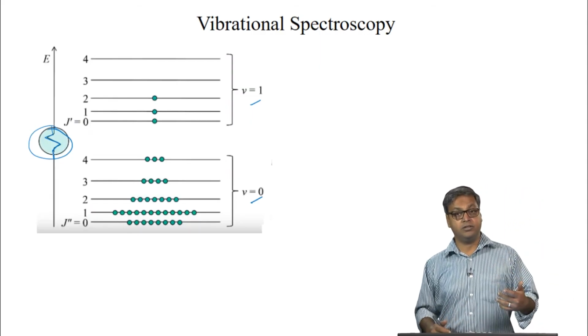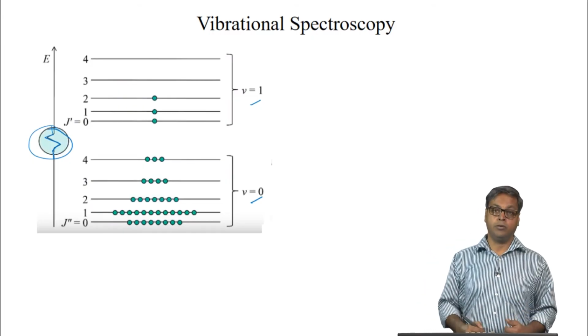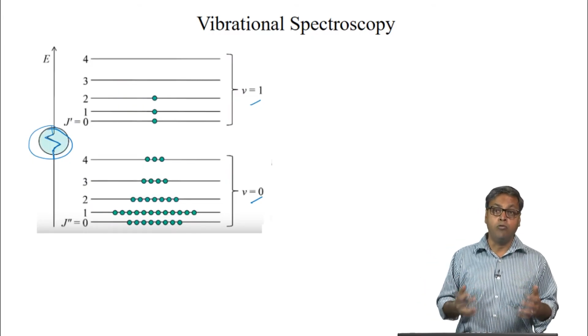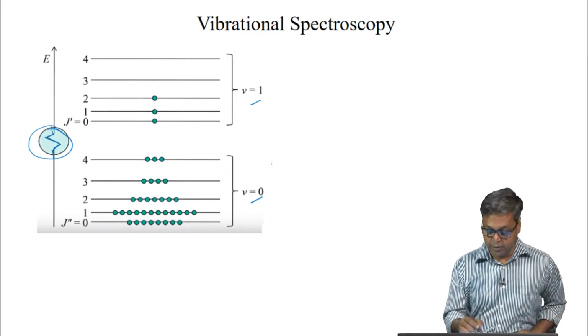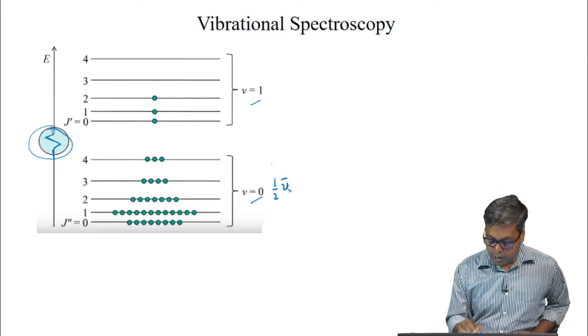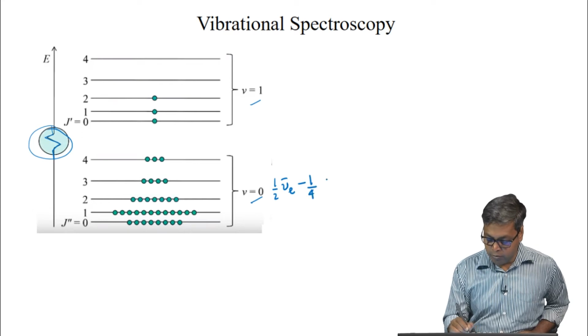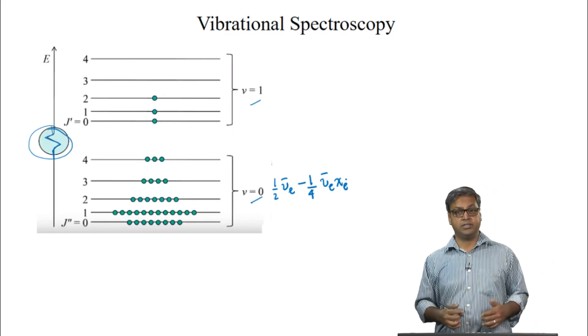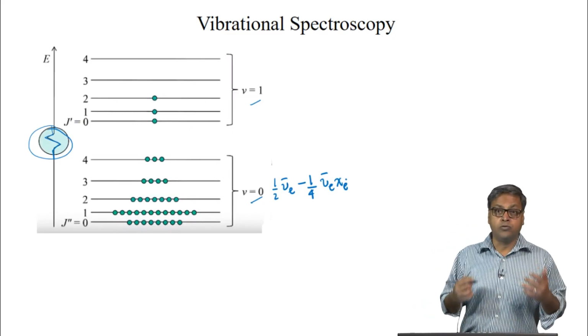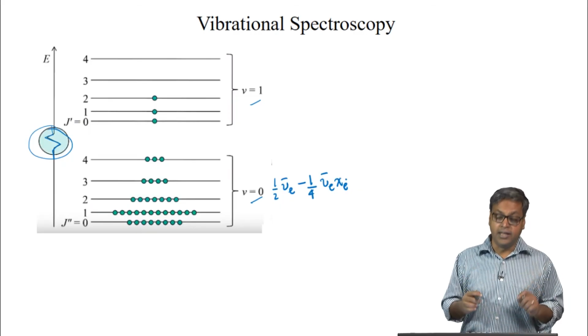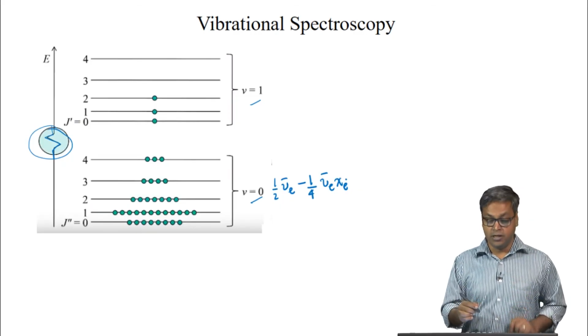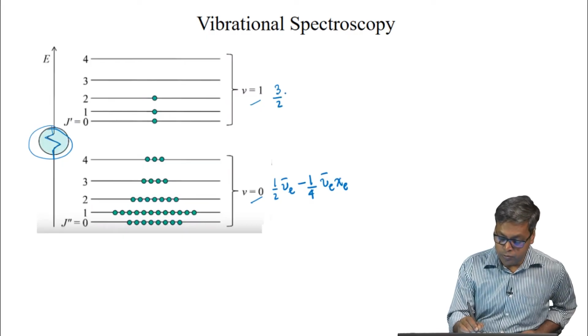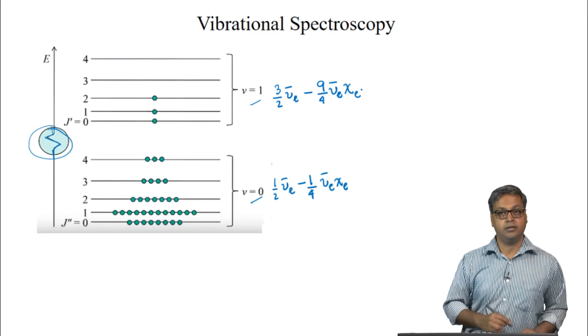All the rotational levels with v equals 0 have exactly the same amount of vibrational energy, given by half nu bar e minus one quarter nu bar e chi e. And all the levels with v equals 1 have exactly the same vibrational energy, given by three halves nu bar e minus nine quarters nu bar e chi e.